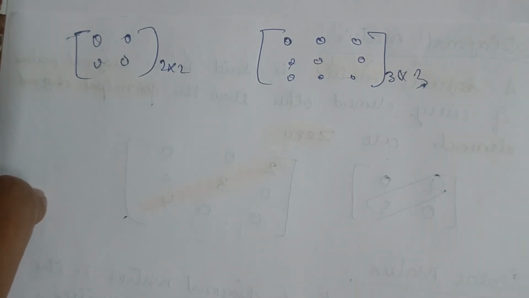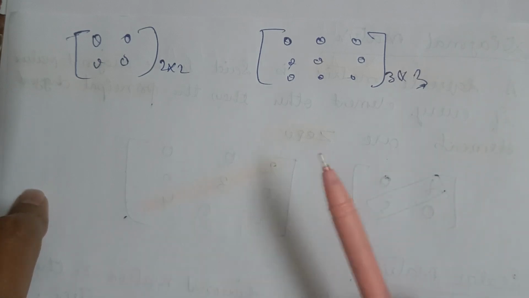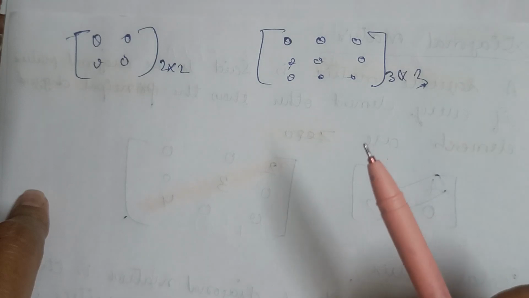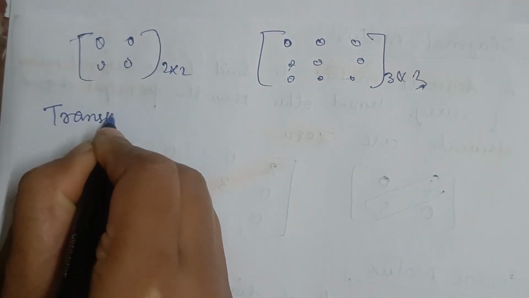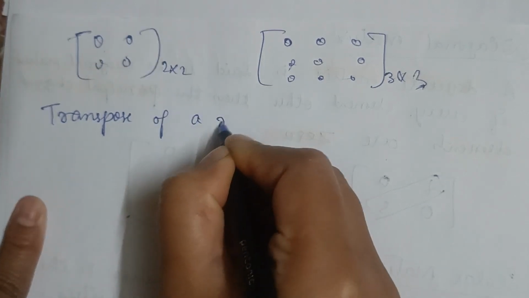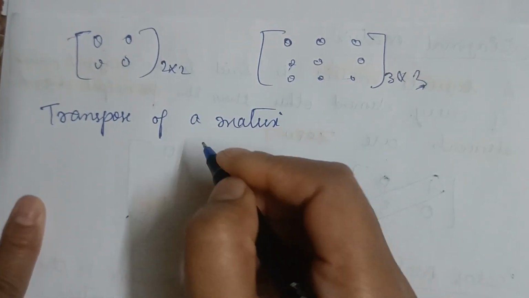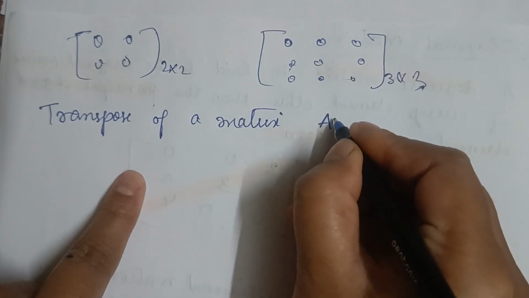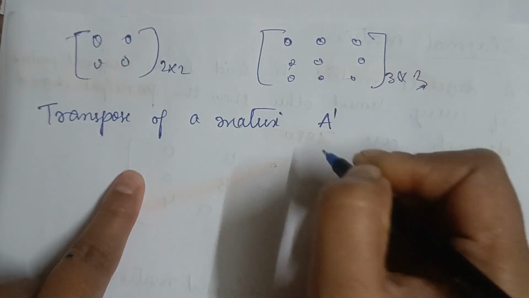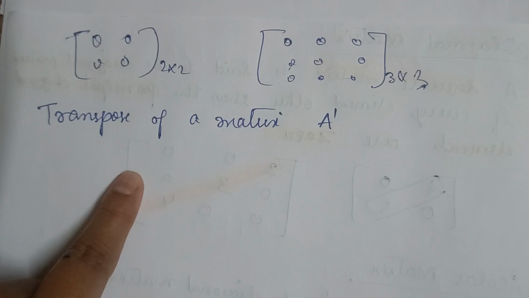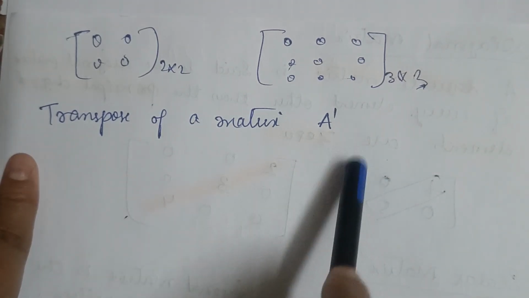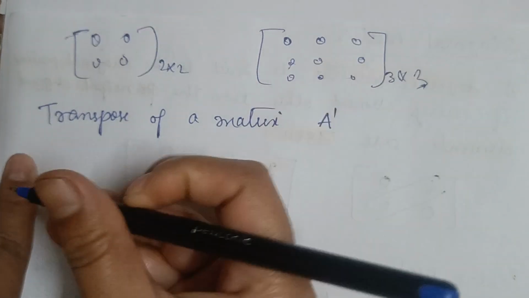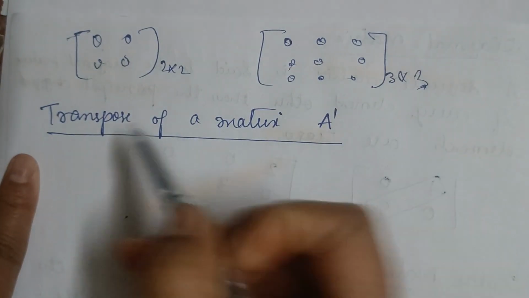Now we have transpose. So how do we get the transpose of a matrix? Null matrix we discussed. Now we will see transpose of a matrix, and that is denoted by A dash. This is called A transpose.